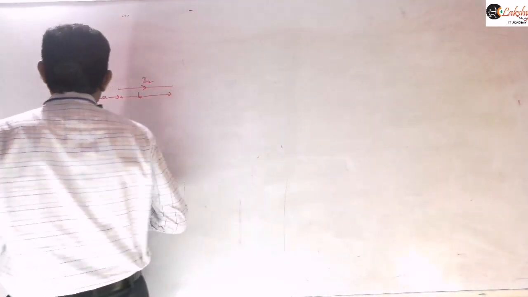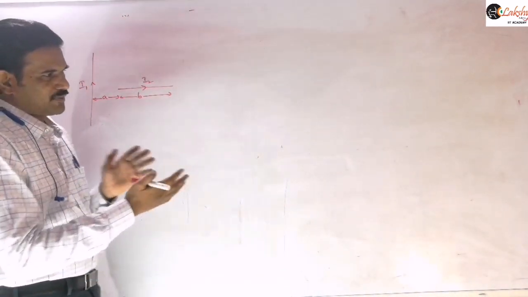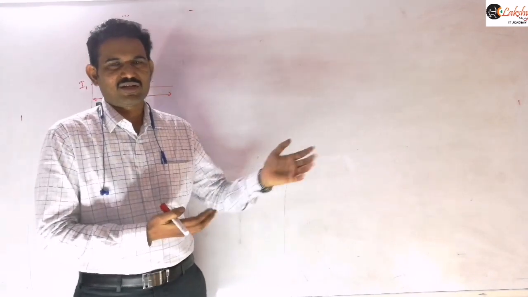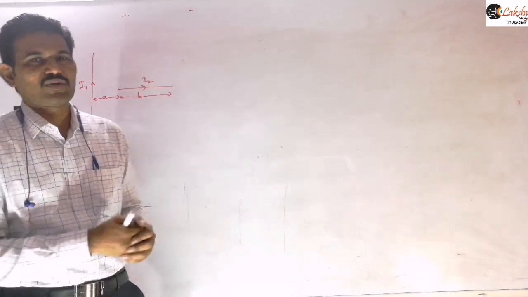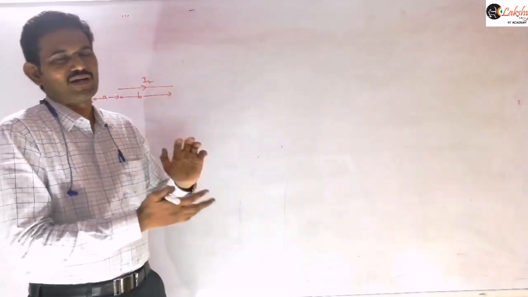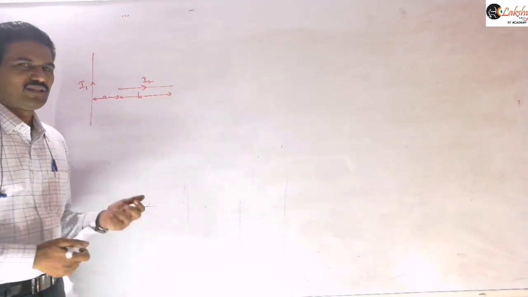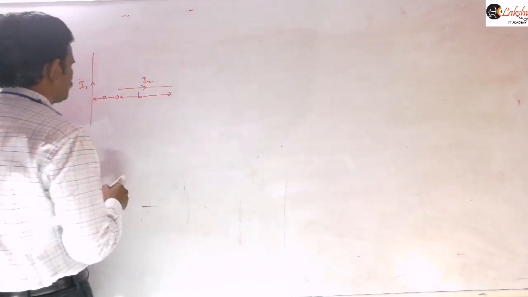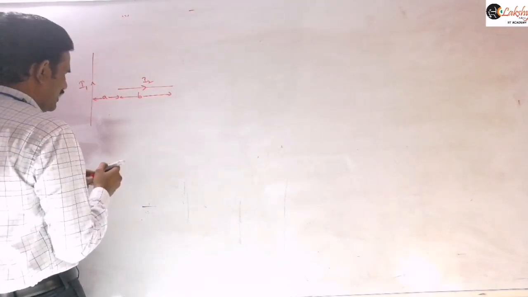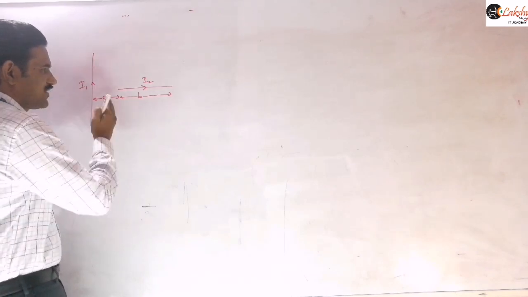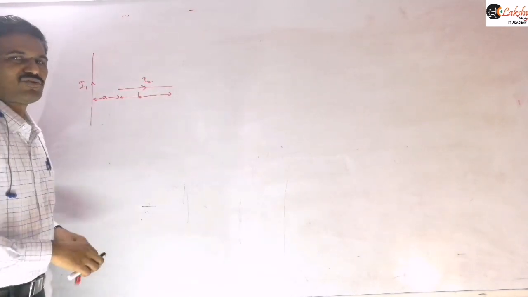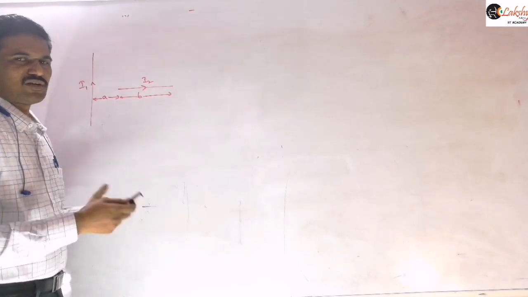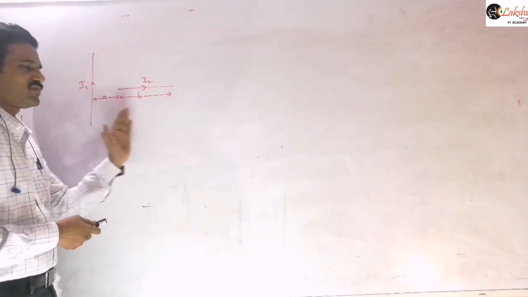Now if the wires are parallel to each other, by applying the formula directly we can calculate that magnetic force. But if the wires are perpendicular to each other like this, then you can't apply that formula directly. Then what we should do is take a small element, because the magnetic field is varying on this wire of length B. The same amount of magnetic field is not acting everywhere; a different magnetic field will act because the distance from this wire is changing.